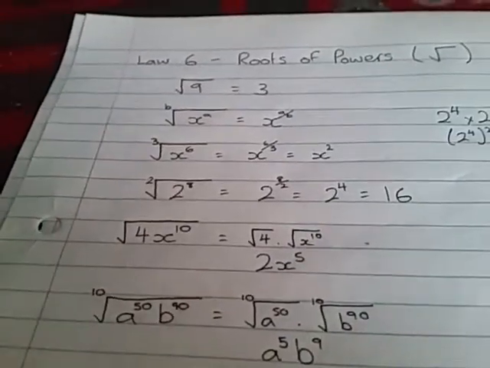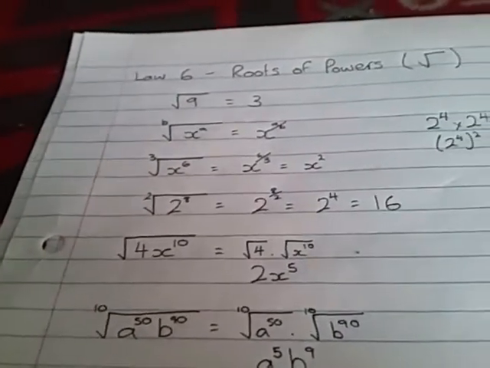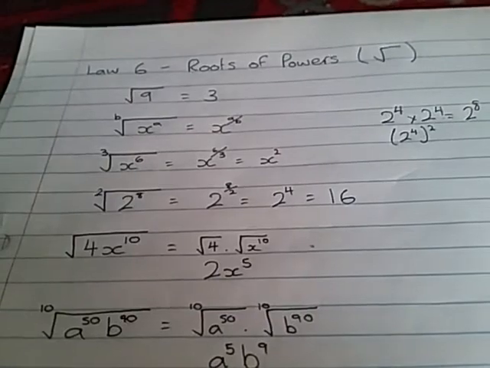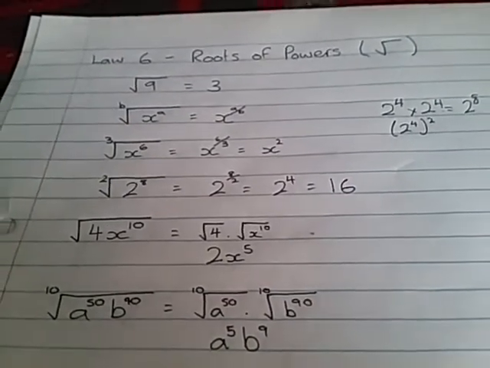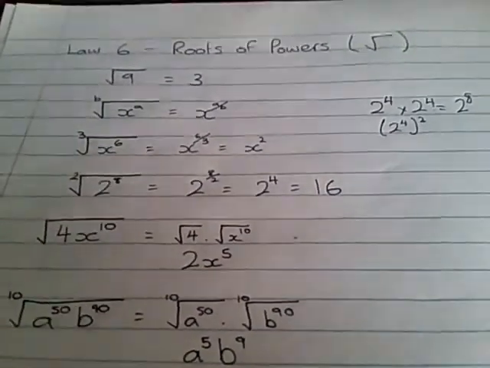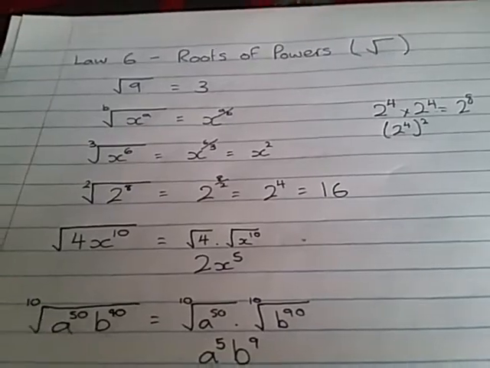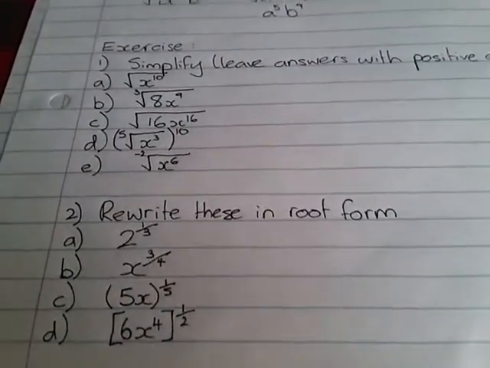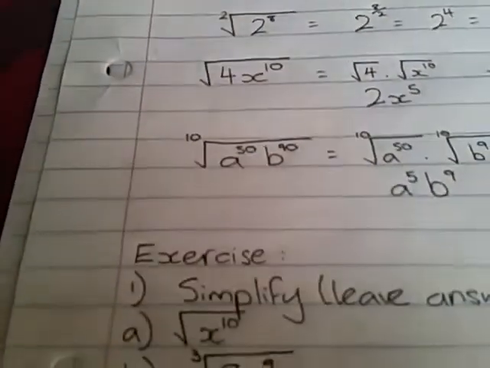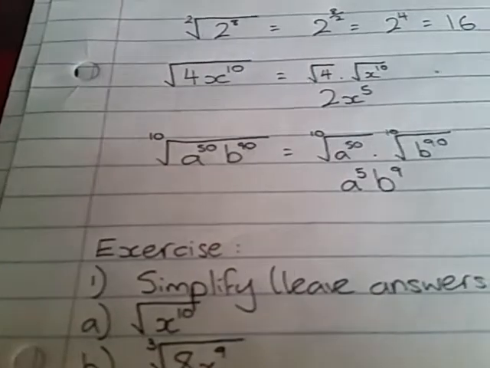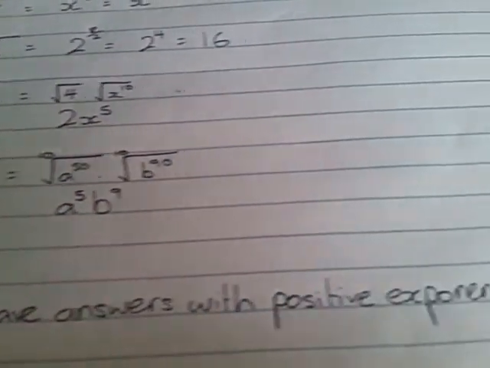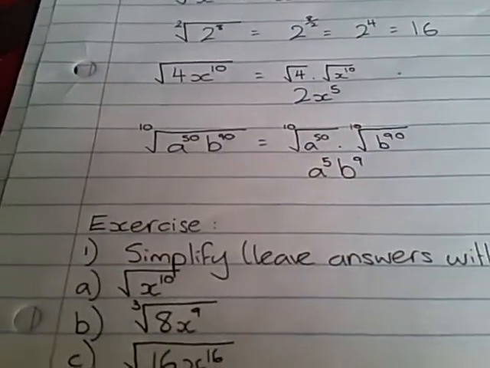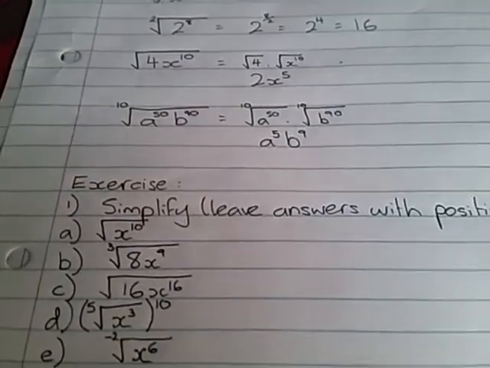Alright, with that being said, I have set up an exercise in which you can practice this by yourself. But today's exercise is going to be a little bit different. Today's exercise has two parts to it. I have question 1 over here, which is another simplify, leave your answer with positive exponents question.